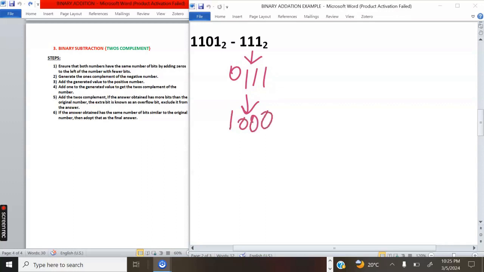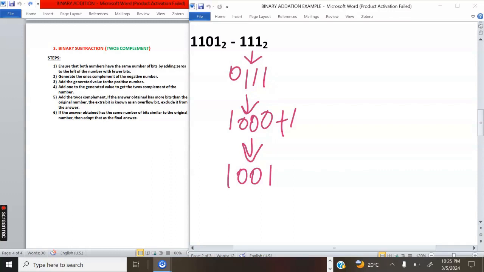Okay, after doing that, still the number that we have, we need to add to get two complement. So you add this number to 1. Therefore, the answer that I will have is 1, 0, 0, 1. Remember the rules? 0 plus 1 is 1, while 1 plus 1 is 1, 0.